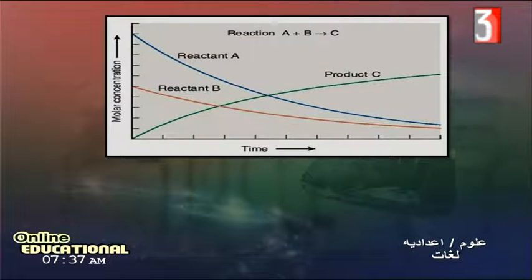In this figure, we can see the relation between molar concentration and time, with molar concentration on the y-axis and the time on the x-axis. This relation means that reactant A plus reactant B produce C as a product.